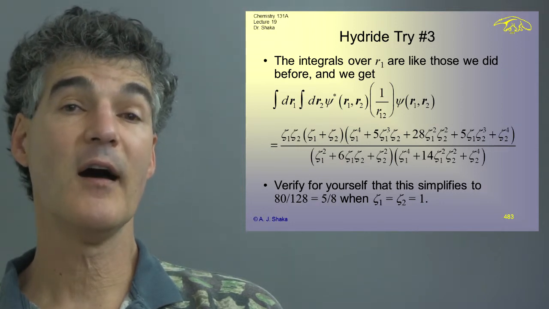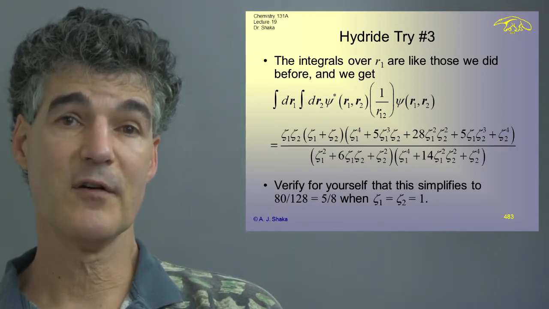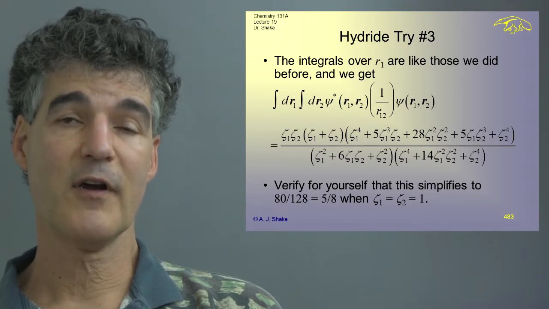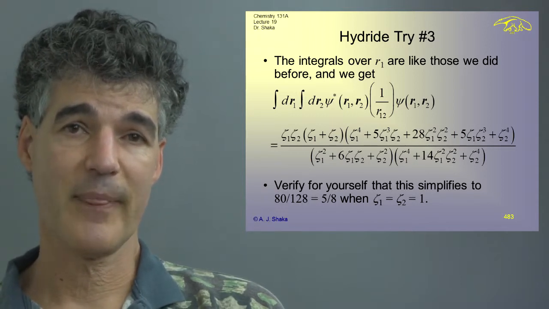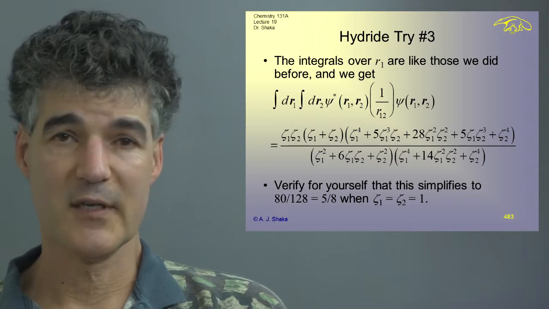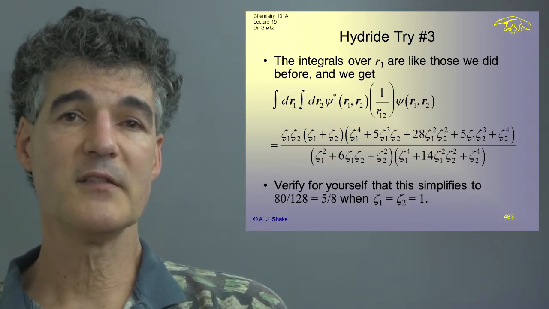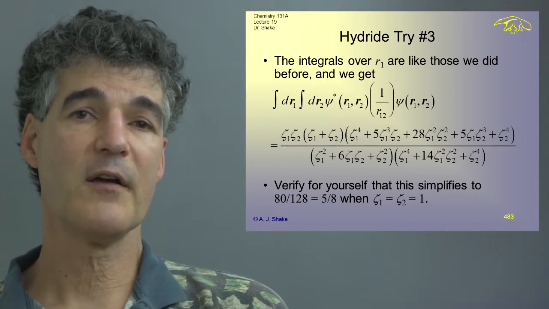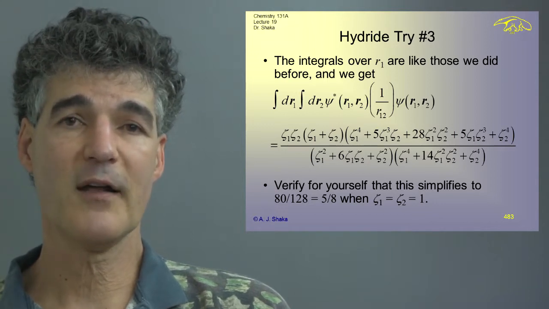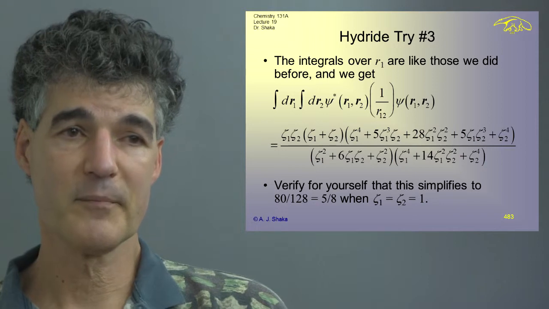And that's what we got for the repulsion integral when we first did our very first calculation and had just used zeta. We didn't even have zeta, it was just 1. So that means that again, we probably are on the right track here. We've probably got everything working in our favor.